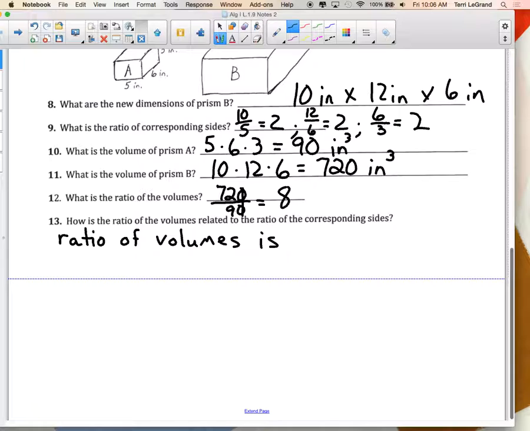If the scale factor is 2, and we double 3 dimensions, a length, a height, and a width, 2 times 2 times 2 is 8. So the ratio of the volumes is the cube of the ratio of corresponding sides.